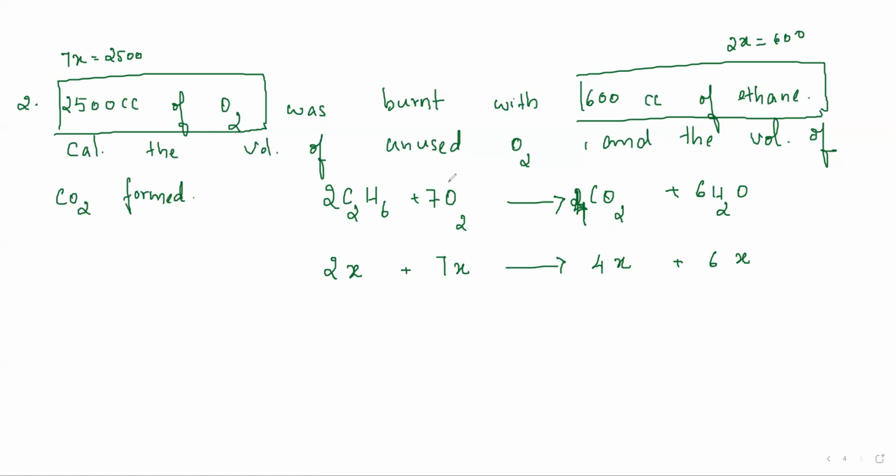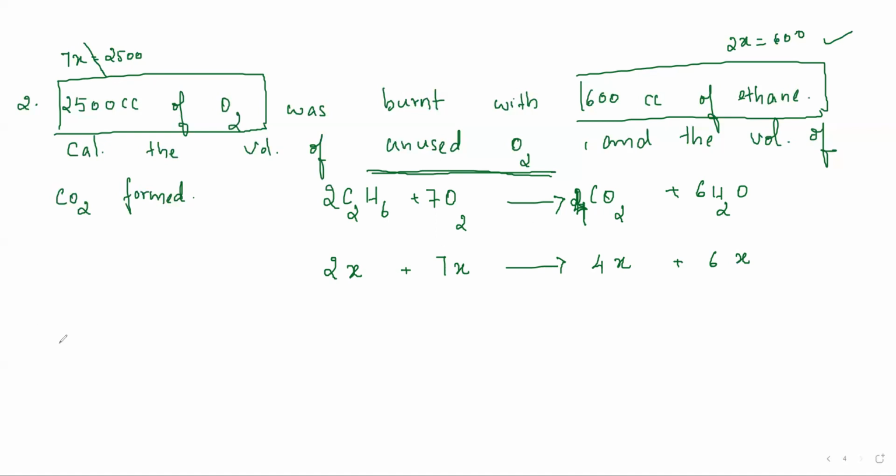When we read the question, it's mentioned calculate the volume of unused oxygen, which means it's clearly mentioned that oxygen is taken in extra. Oxygen, 2,500 cc of oxygen, is not used completely, which means 7x is not equal to 2,500. Instead, 2x is equal to 600, just because they have mentioned calculate the volume of unused oxygen.